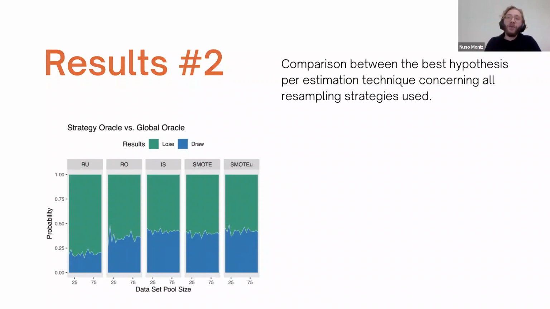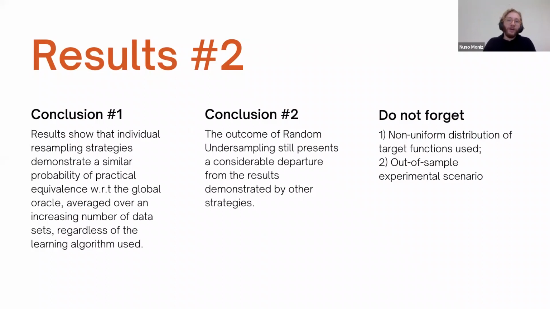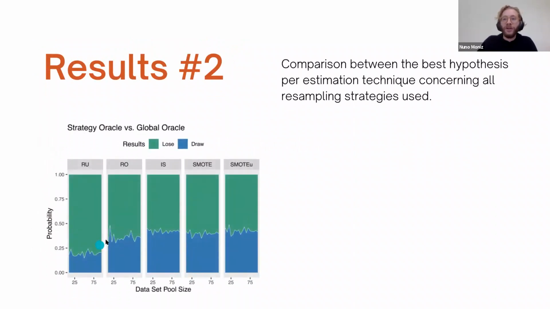And again, what we can see is that we have oversampling strategies that to the right have a similar behavior. Random undersampling still presents a noticeable departure from the other strategies.